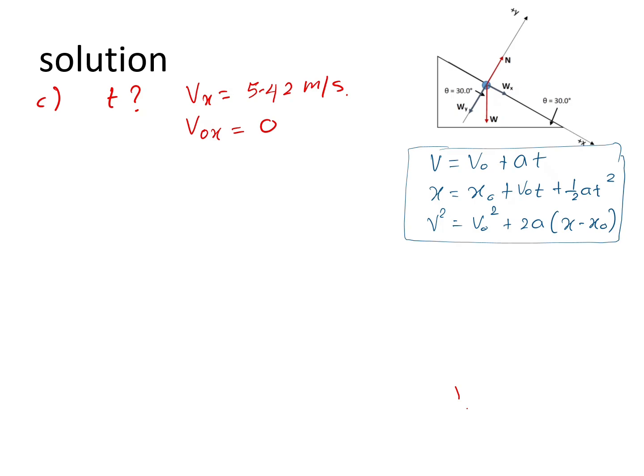We know the acceleration in the x direction, 4.9 meters per second squared. Now we can look at our equation list and see which equation to use. In the first equation, we know the final velocity, the initial velocity, and the acceleration.